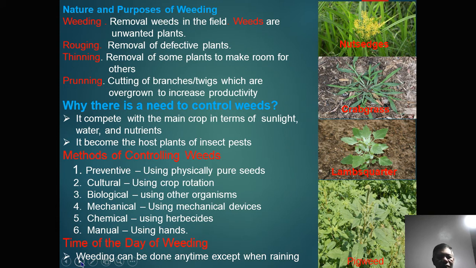We need to remove these defective plants in such a way that we can provide room for proper growth and development of the seedlings.